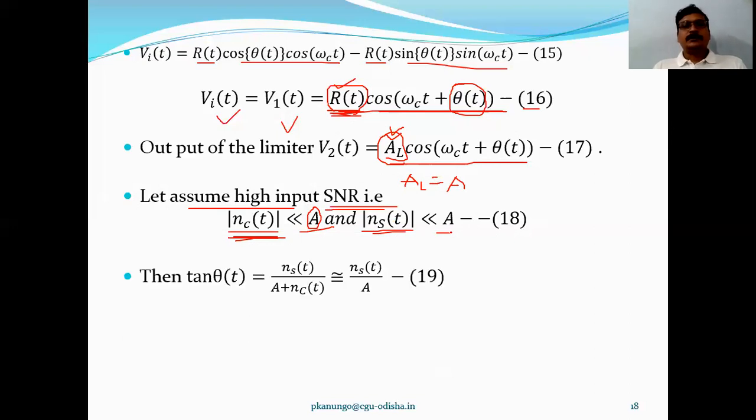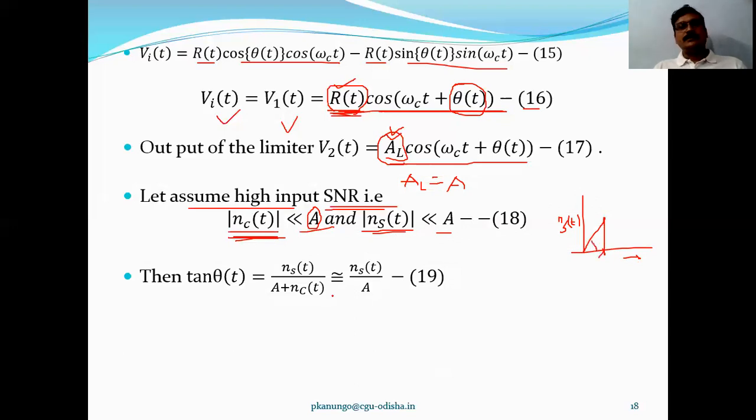With this assumption, what is tan theta? If you look at the previous phasor diagram, tan theta is NST by A plus NCT. In that diagram, if you recall, this side is A plus NCT, and this side is NST. So the resultant vector is like this, and the angle from this to this is theta t.